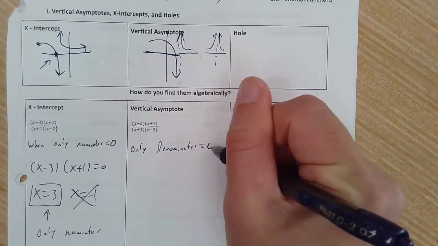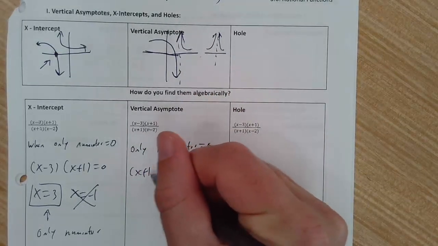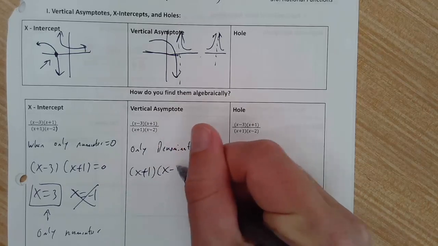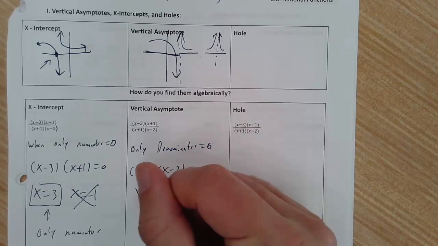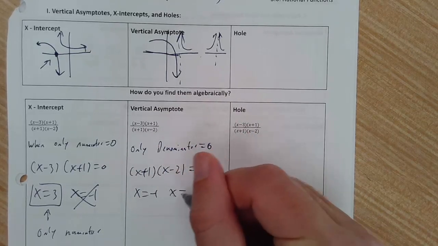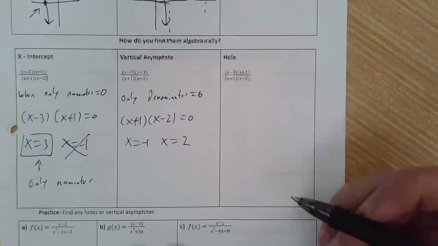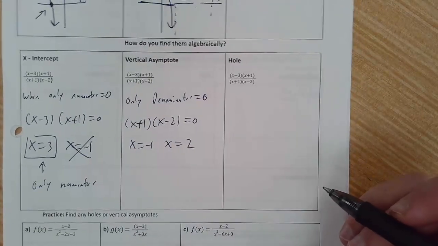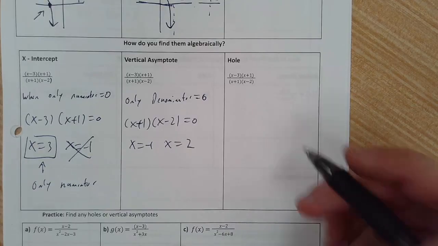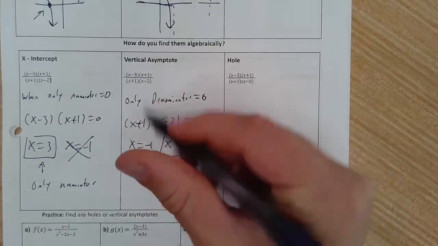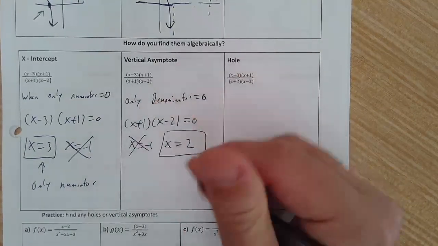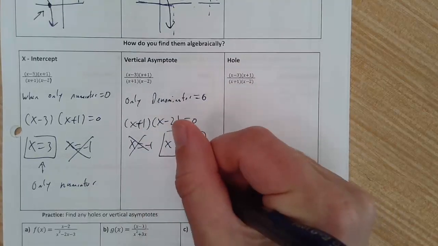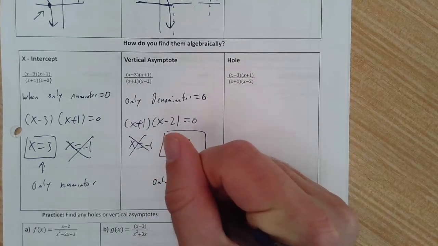So we're going to set the denominator equal to 0, x plus 1, x minus 2 equals 0. I would get two solutions, x equals -1 and x equals 2. Again, only one of these is a vertical asymptote. Which one is it? 2. It's only 2 because -1 appears in both. This is not a vertical asymptote. This is only denominator.